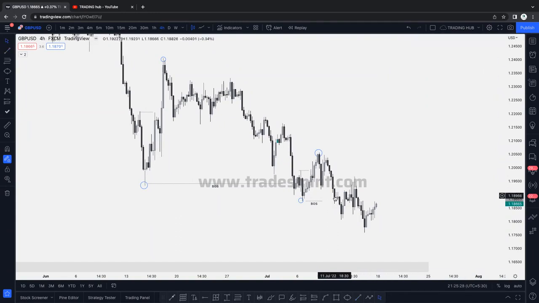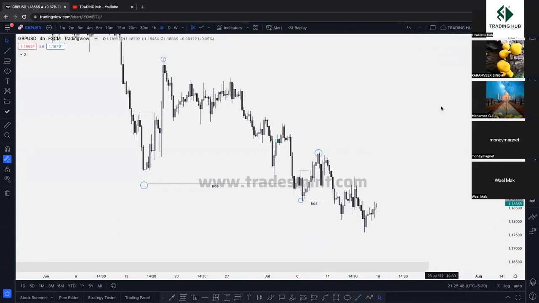After the break and close below it, this is not our structure. Why? Because the market did not take out the previous high. Correct. So in this situation, you have to wait for the market to take out this low, or take out the recent high, which is here. You have two probabilities, for the buy or sell.